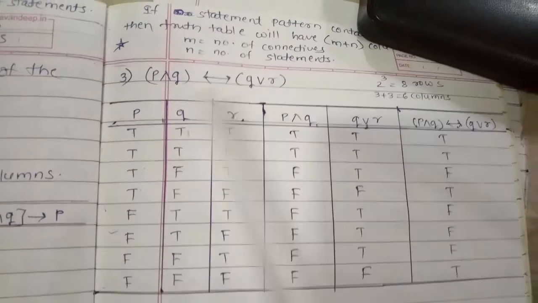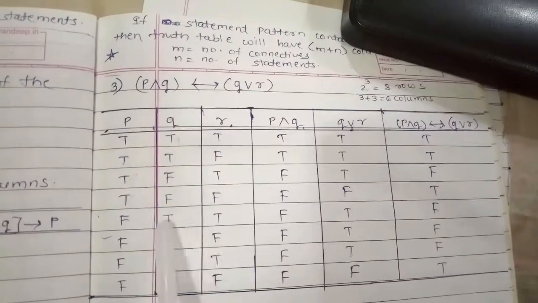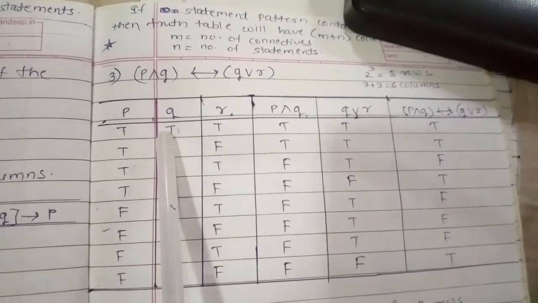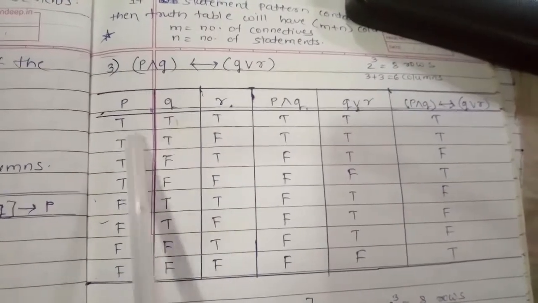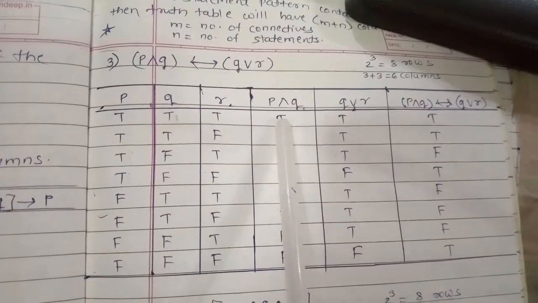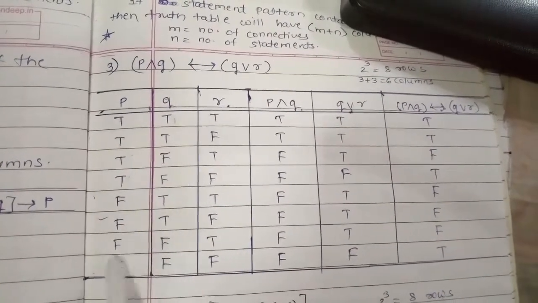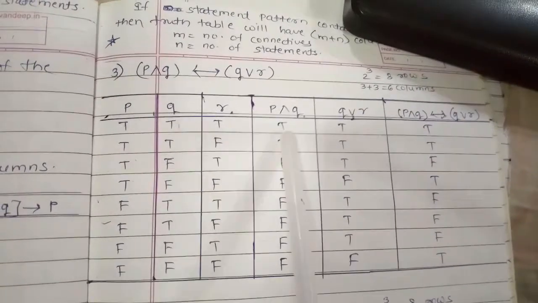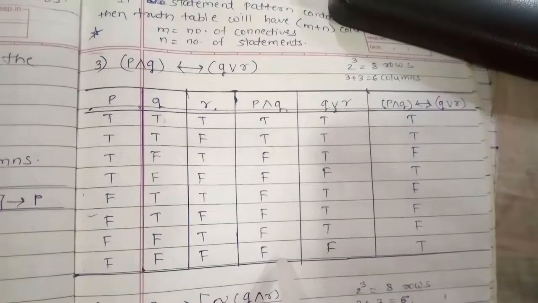Now we have to find out P conjunction Q. Now see, we have to find out the conjunction between these two. Again the same rule: for the conjunction, if both values are true then it is true, otherwise it is false. So first find out where there are 2 times T. So here is 2 times T, so I write here T. Here also T. Again find out if both are T. No. So the first 2 are true, otherwise all are false.